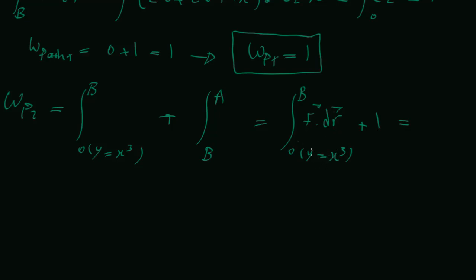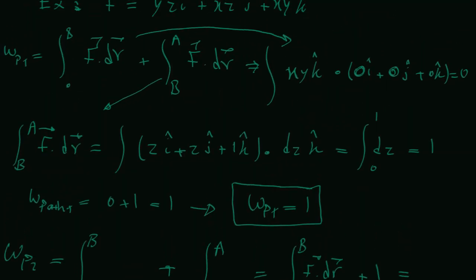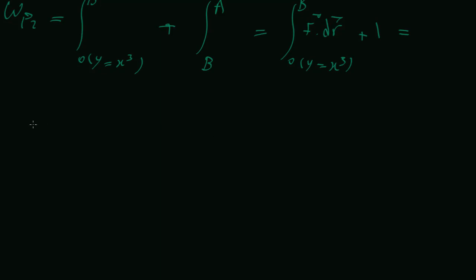Let's calculate this integral. On the curve path, because the curve was in the xy plane, the z coordinate was equal to 0. So we put these two components equal to 0, and we only have xy in the k direction. So F is equal to xy, and y is equal to x cubed, so we can put x to the 4th in the k direction.